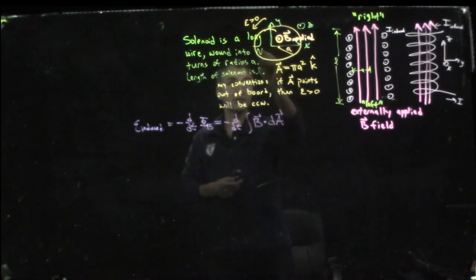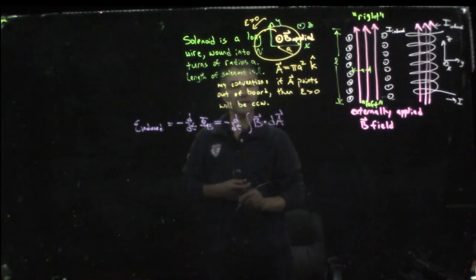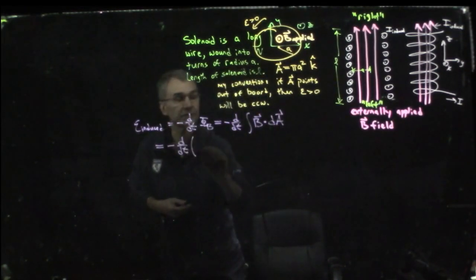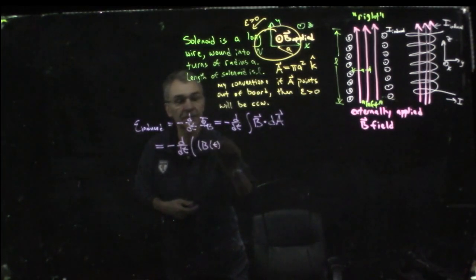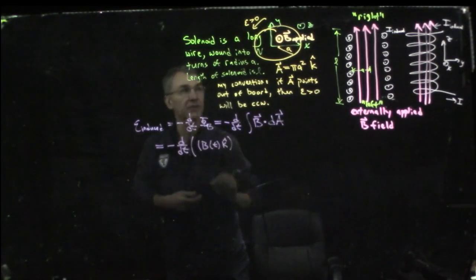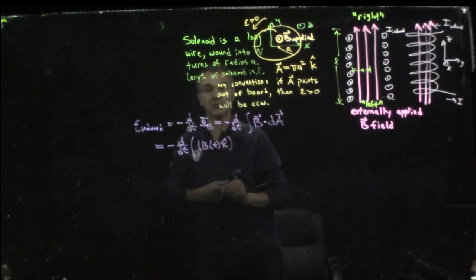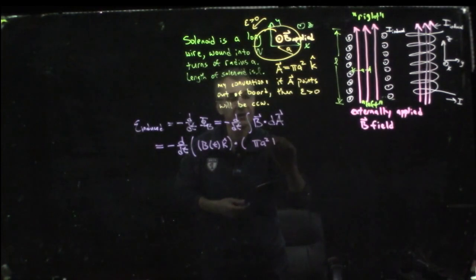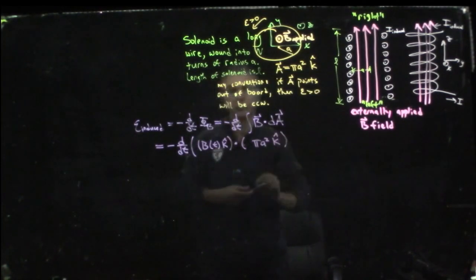But the magnetic field is uniform inside this area, so this integral can be replaced with just a multiplication. So this is minus d by dt of the magnetic field, which is B of t, and it's in the k hat direction. It's pointing out of the board. It's in the plus z direction. And then dot product with pi a squared, the area of one loop, and I said that my loop is pointing out of the board also.